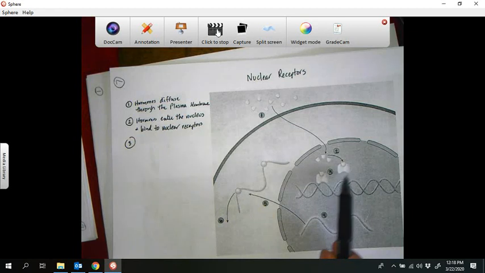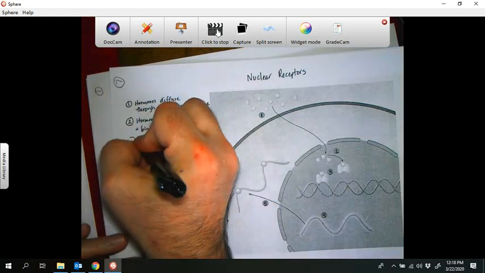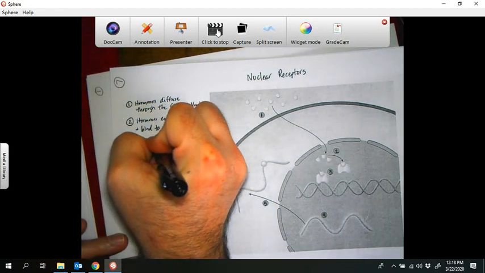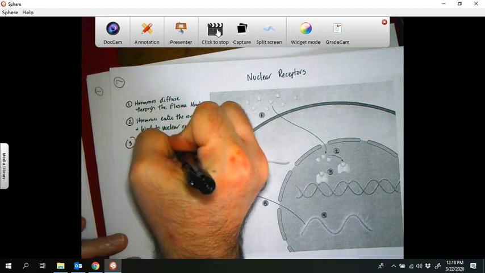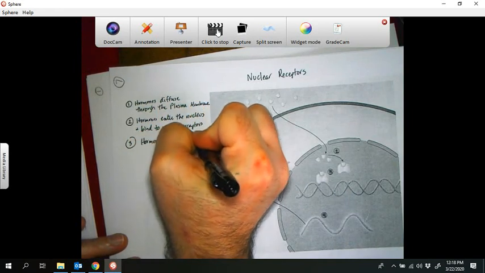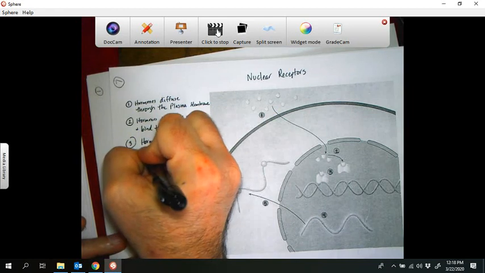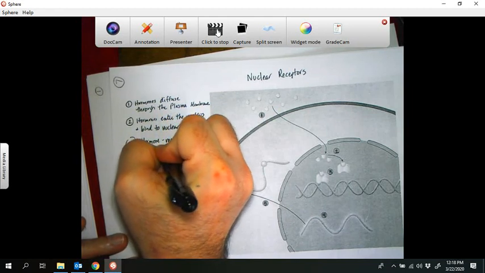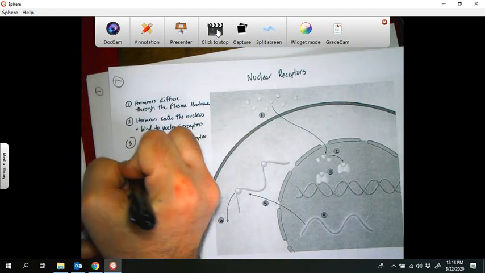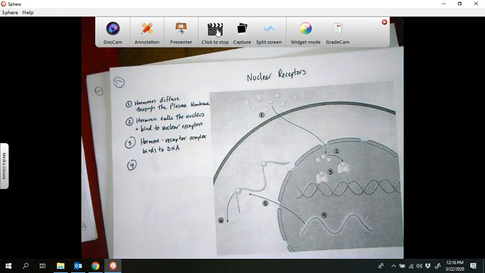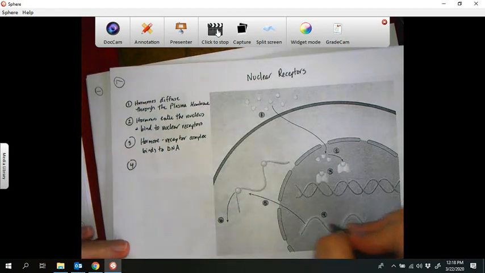That hormone receptor complex now binds to DNA in the nucleus. And this is going to cause synthesis of number 4, this is mRNA.